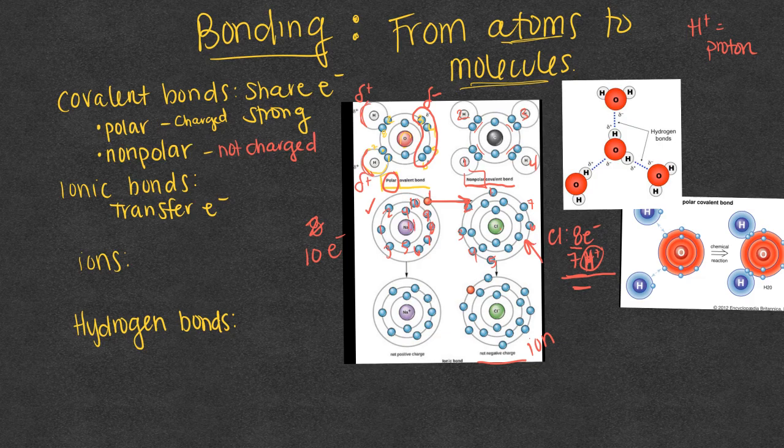Which means it has 11 protons in the nucleus still. So this has a net charge of a positive. This is a positive ion. So we would denote that as Na+ and Cl-. Atoms with the charge.